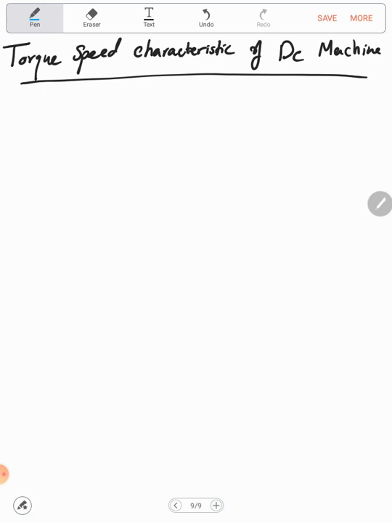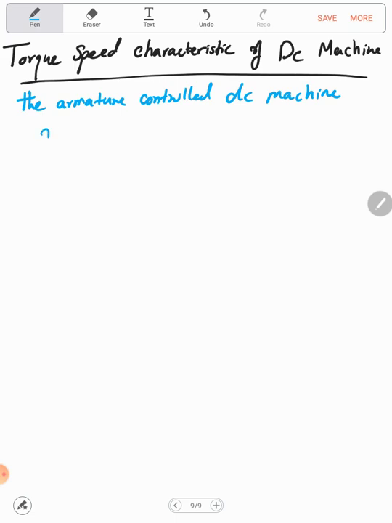Let's recall the separately excited, armature controlled DC machine where the flux is constant, or simply the permanent magnet DC machine.